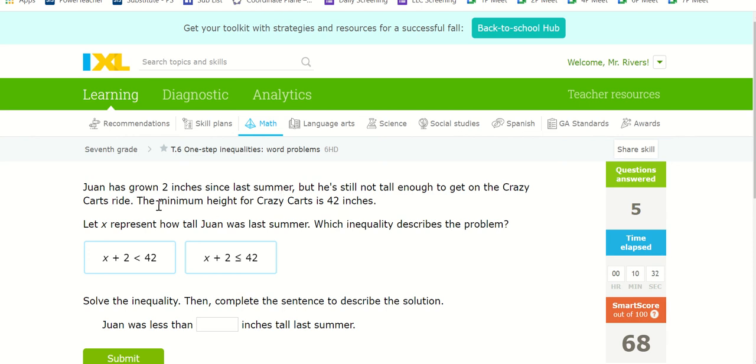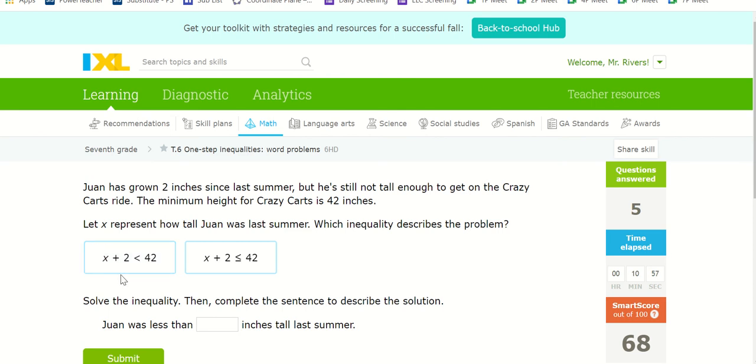It says X represents how tall he was last summer. And it says he grew 2 inches. So X is what he was last summer. He grew 2 inches. Still not tall enough for the Crazy Carts. If you're exactly 42 inches, you can ride the Crazy Carts. But he's not 42 inches, so X plus 2 is less than 42.